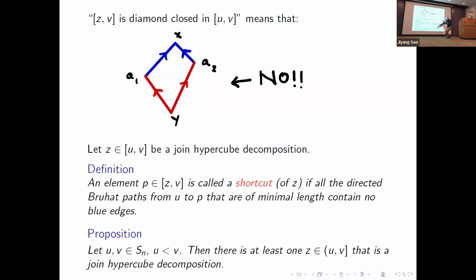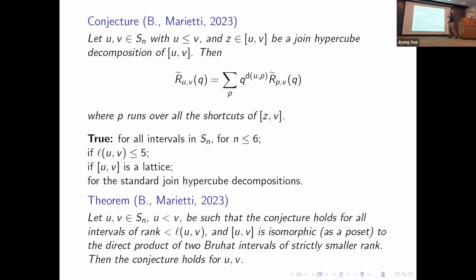And this result here is something that was proved by several authors. If you have U, V in S_n, U less than V, then there's at least one Z greater than U that is a joint hypercube decomposition. So these objects always exist in the symmetric group. So then the conjecture we have is the following.